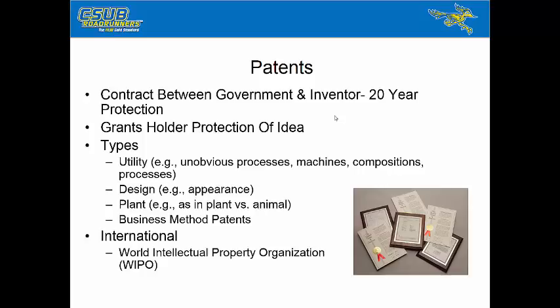Patents are for things. Patents are for physical things. An invention, a way of doing things, a process. It's having legal protection for a physical thing or a way of doing things.